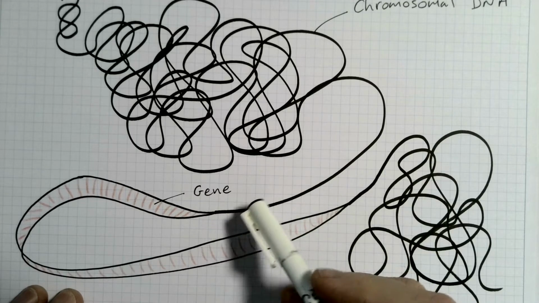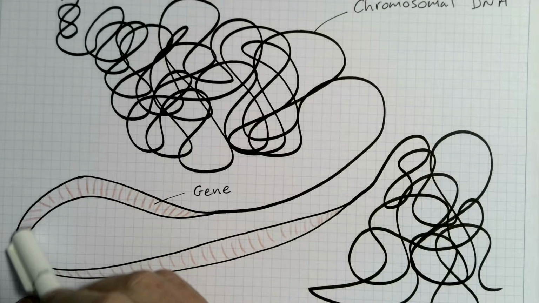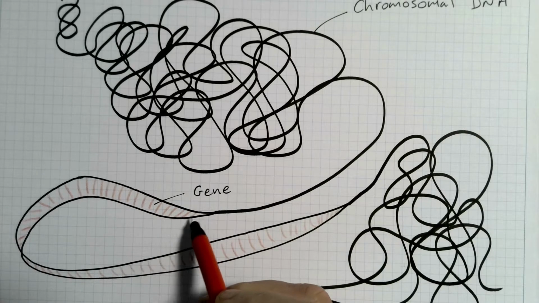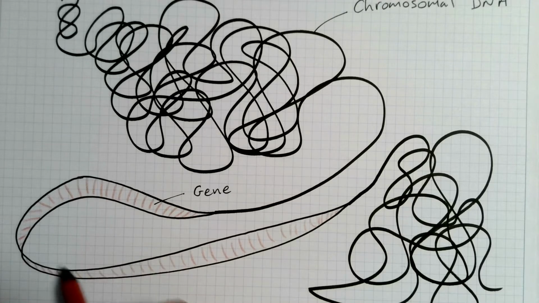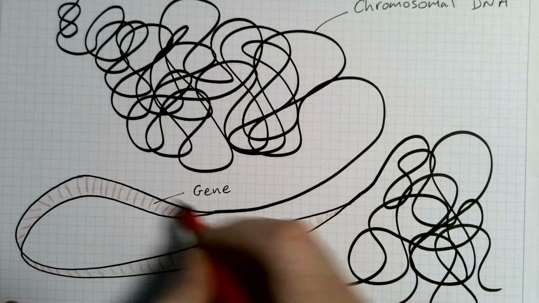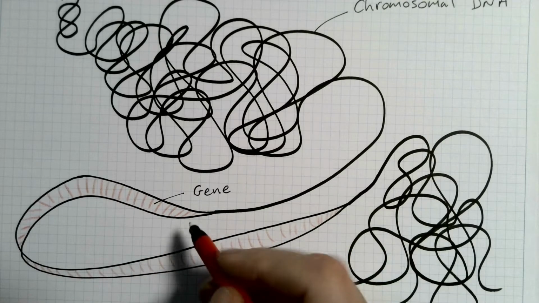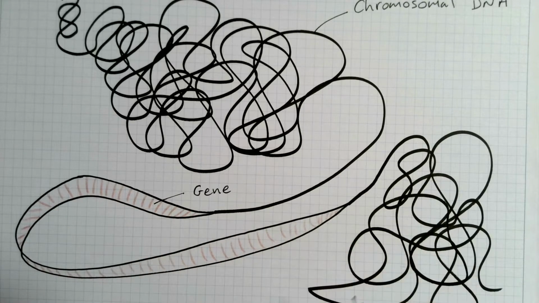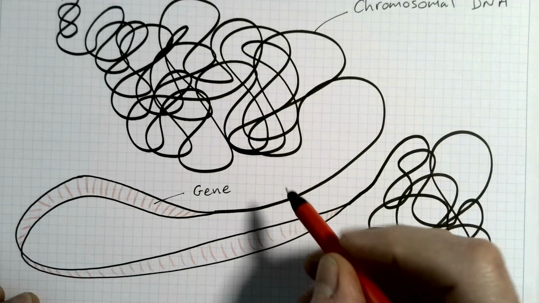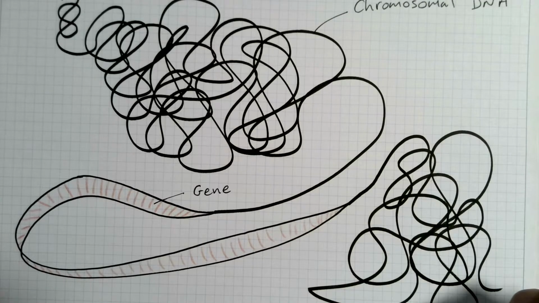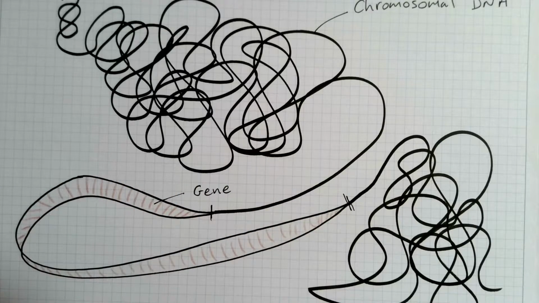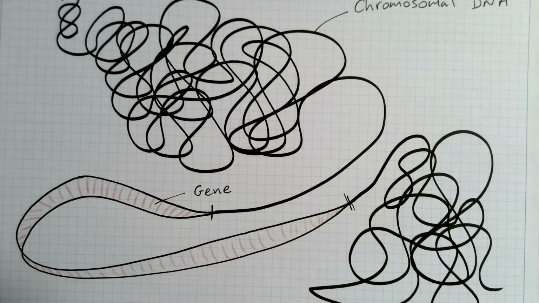But every now and then, there are bits of the chromosome that are able to express a gene. They contain the DNA that can make proteins, and that bit of DNA that can make proteins is called a gene. So up here, maybe none of this area has the code for making proteins, whereas this little bit here, between here and here, has the code for making, in this case, maybe a small protein.